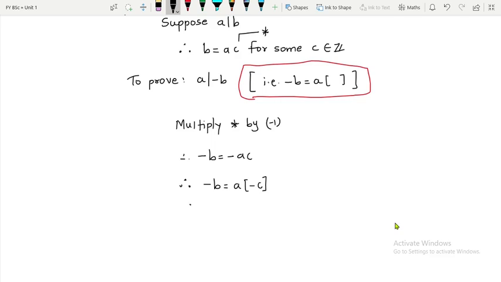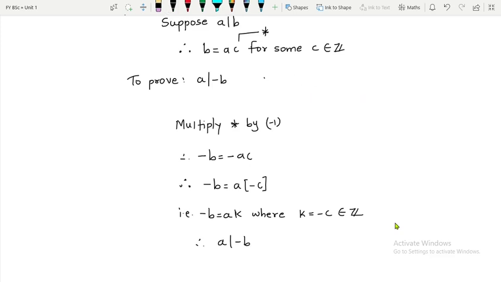That is nothing but minus b can be written as a multiplied by some k, where this k is equal to minus c, which is an integer again, right? And therefore I can say now a divides minus b, and that is what we wanted to prove, right?